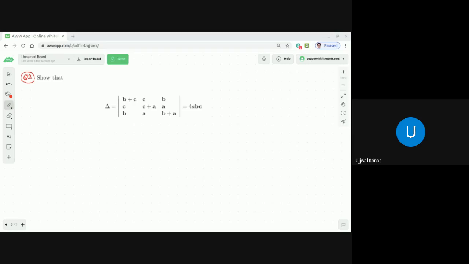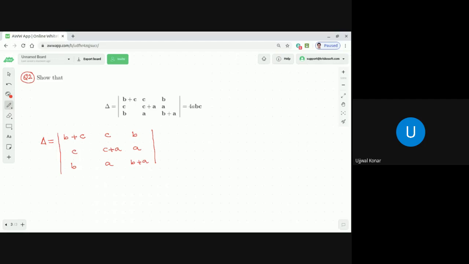Correct? So what I'm saying is that let's look into this determinant, dear students. The delta is equal to, let me write it down. Let me do it slowly. No hurry, because understanding this pattern is very, very important. B plus C, C, B, C, C plus A, B, A, B plus A. By looking into it, first you need to spend a minute to see what kind of pattern I can find.